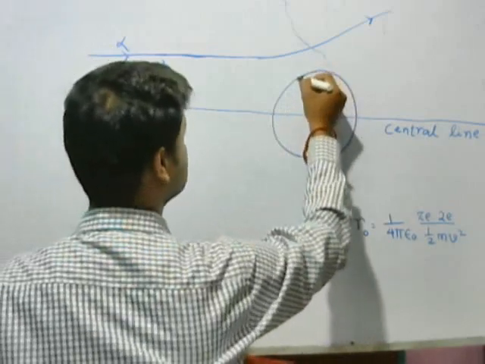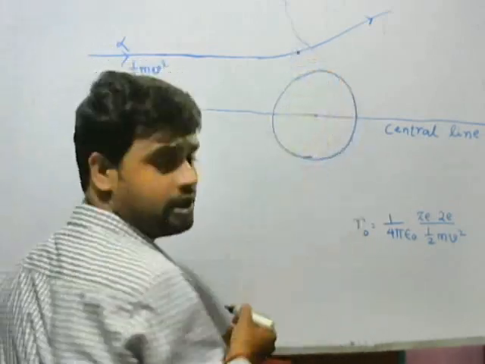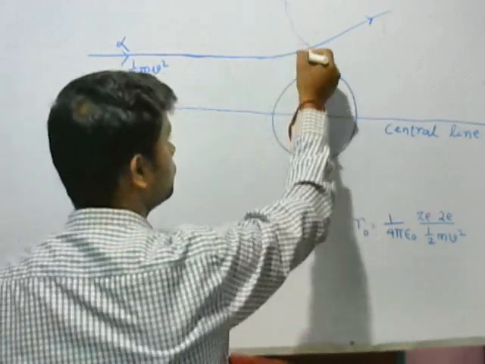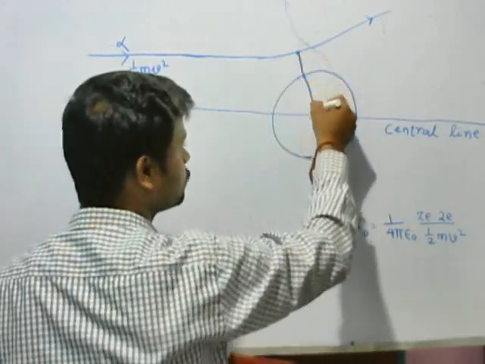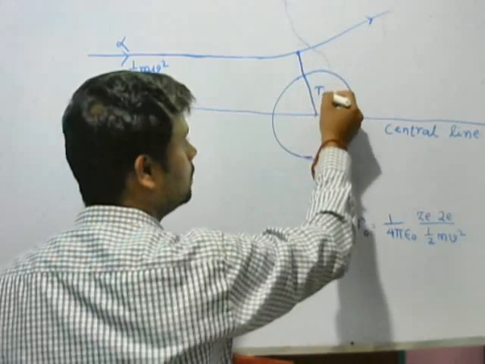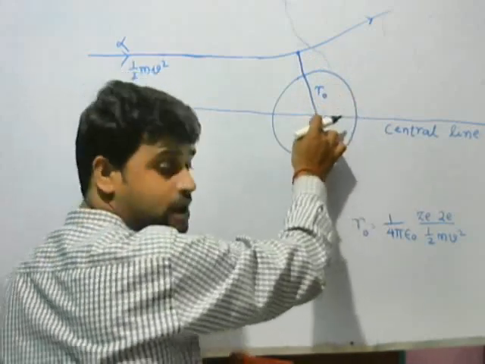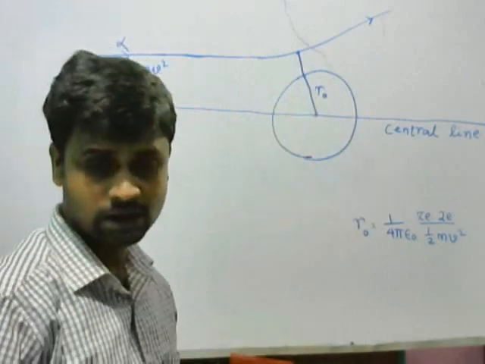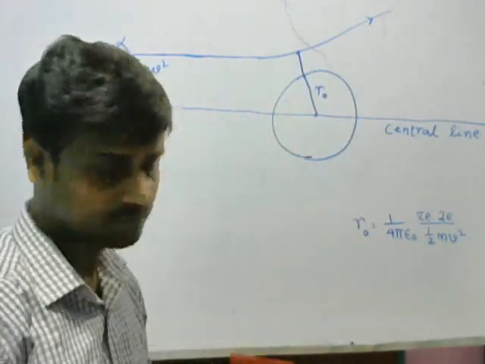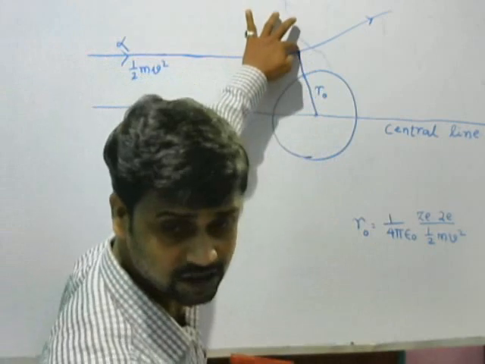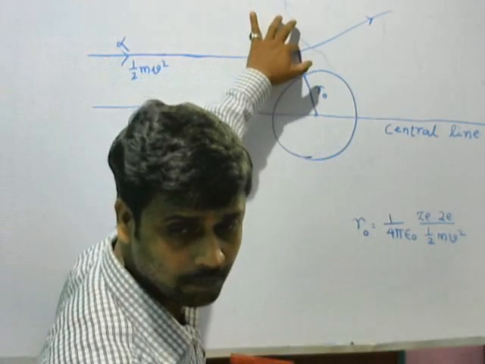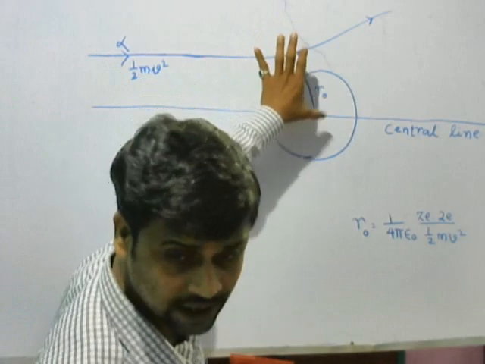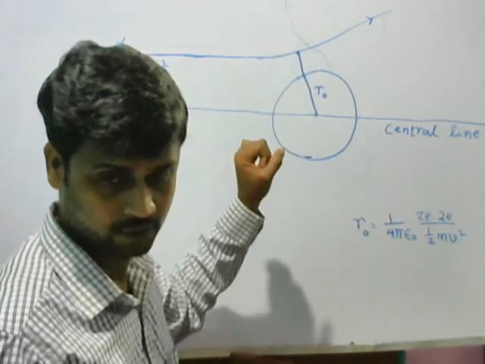Clear? This point is the shortest distance. This distance is the shortest distance between the center of the nucleus and the alpha particle, so it can be termed the distance of closest approach. This point lies closest to the center of the nucleus. Clear?